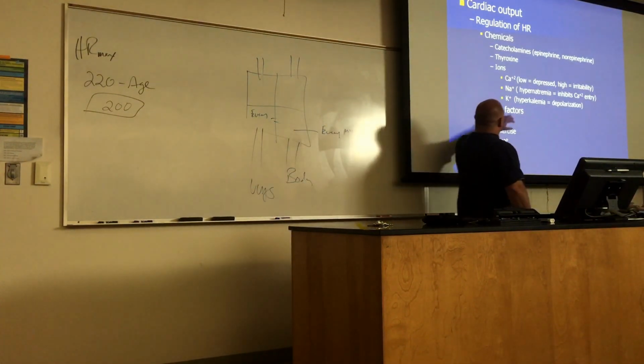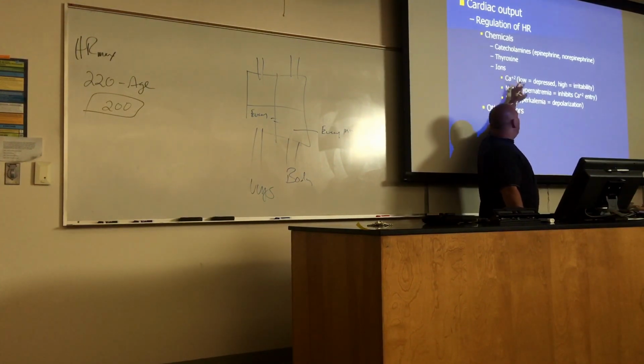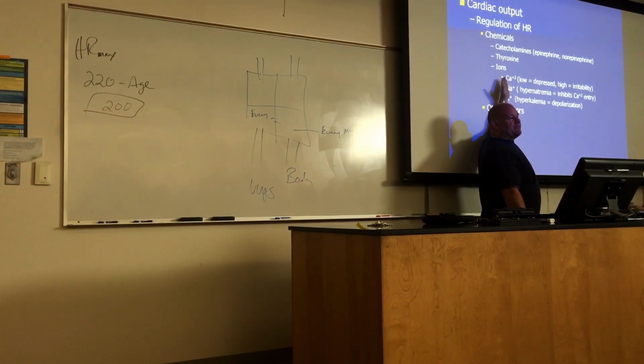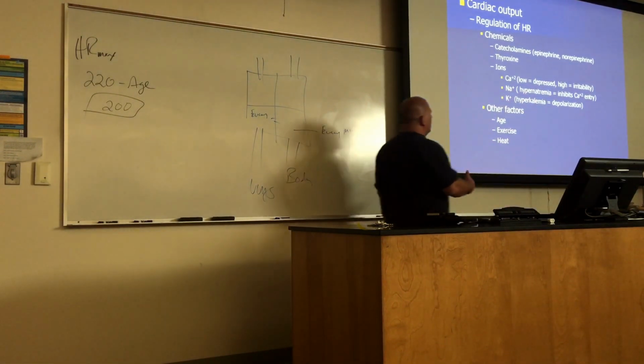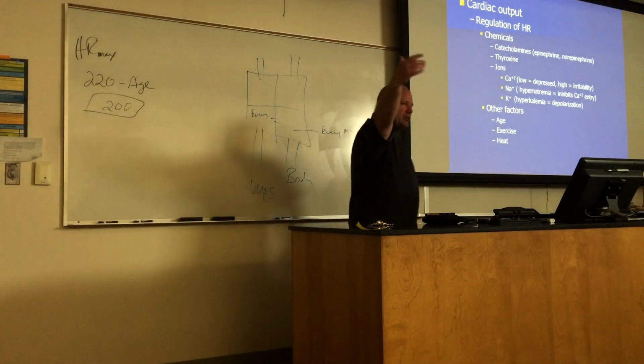But that increases it. When it comes to this part, I want you to know that the ions will affect it. I don't need you to know the specifics. So just know that ions affect your heart rate. We're going to spend more time on this in fluid and electrolyte and AP3. But obviously, sodium is going to cause a quicker depolarization.